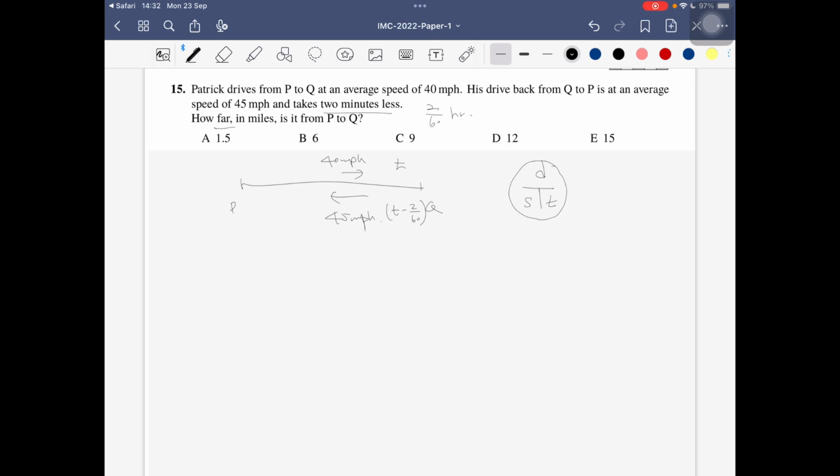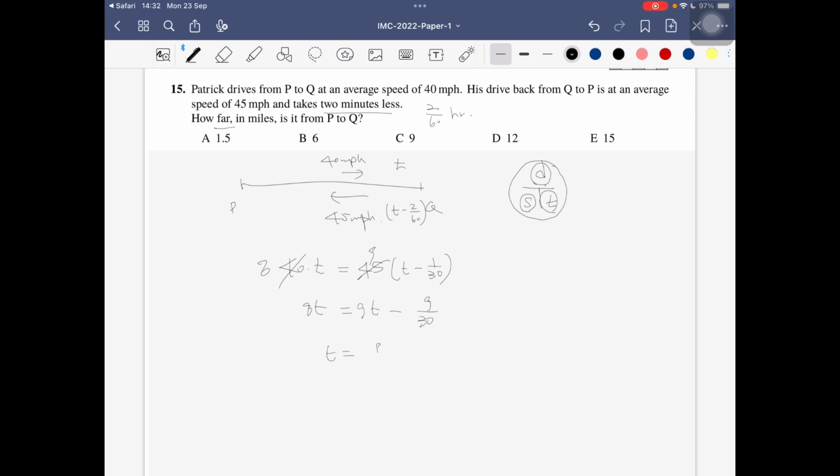So we already know the relation between these three parameters: distance, speed and time. Now we have a constant distance, so the speed and time multiplied together should be the same. So 40 times t equals 45 times t minus 1 over 30. 80t equals 90t minus 9 over 30.